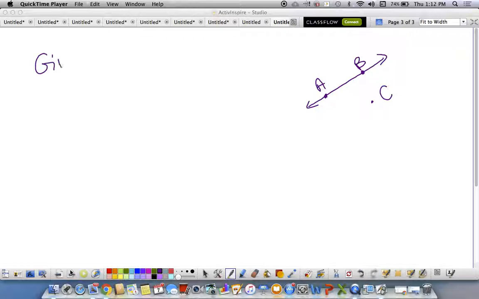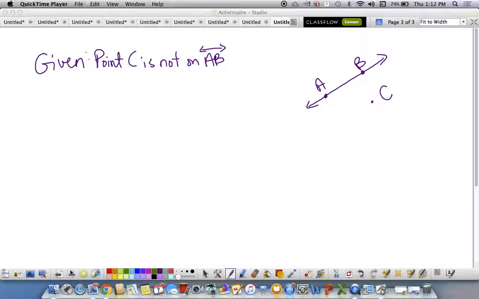What would be given for this? Wouldn't it be just what's on the board? Well, yes, but the given is really the hypothesis. The hypothesis of the theorem says there is a line and a point not on the line. I could write all that out. But could I say point C is not on line AB?